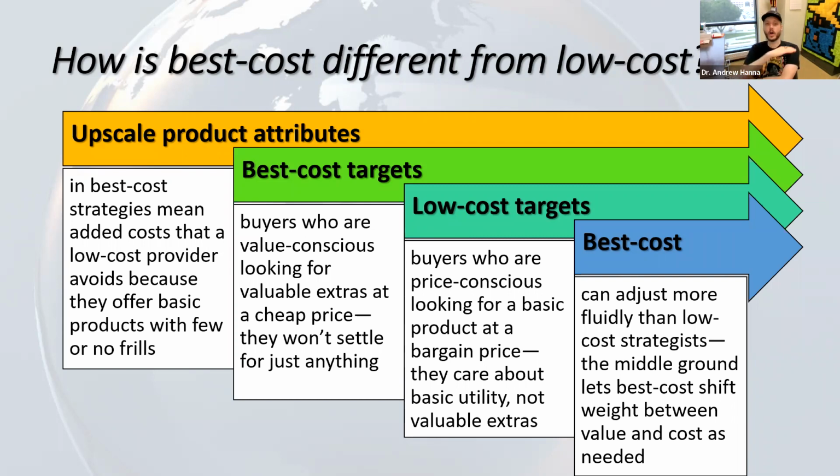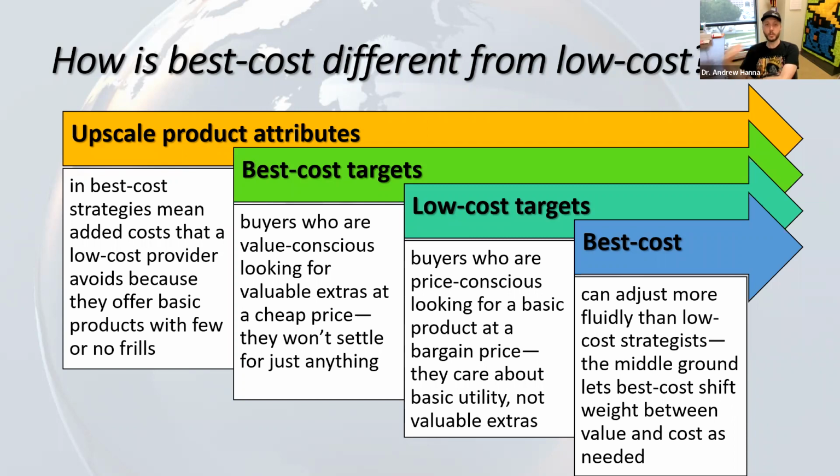It is just all about price. Our best cost targets are people who are value conscious, but still looking for a valuable product at a cheap price. They're not looking for the bottom of the barrel product. They're looking for something of considerable quality and value, like an upscale type product, but they want it for the cheapest possible price.